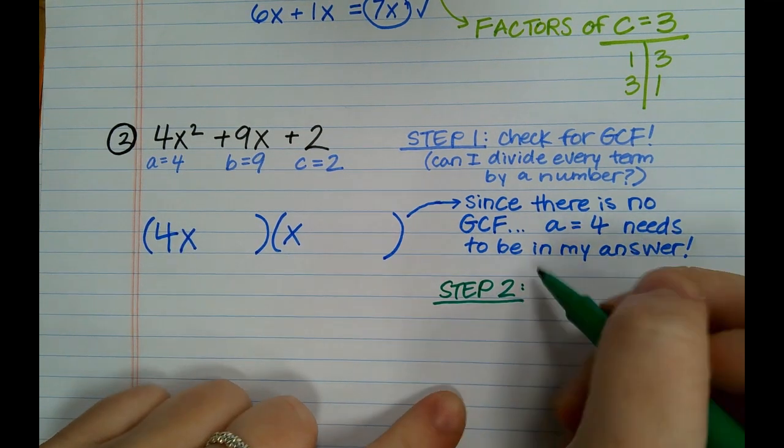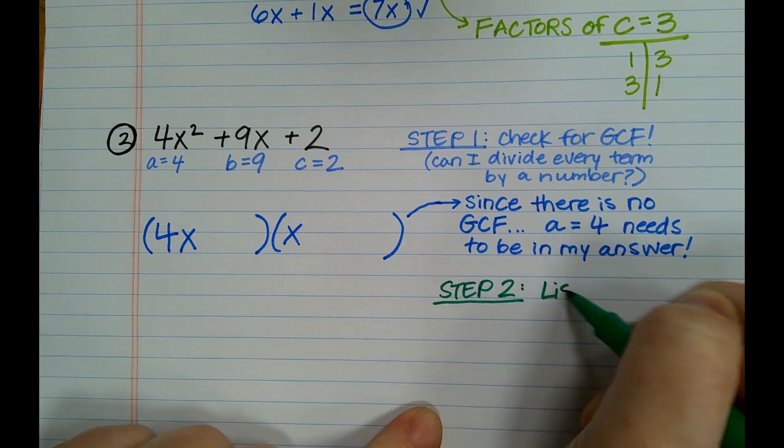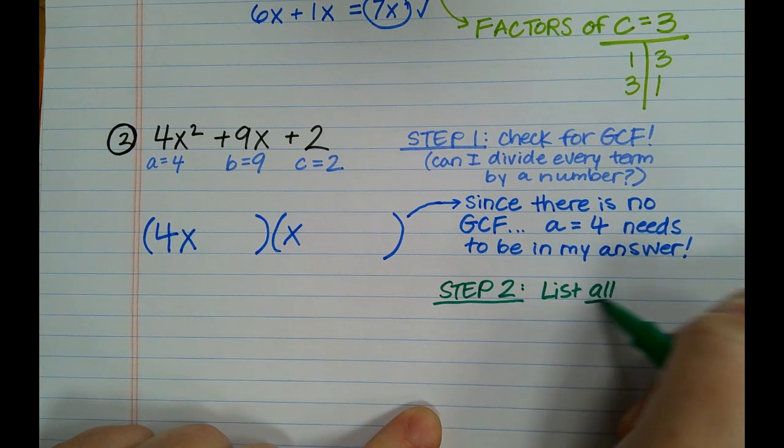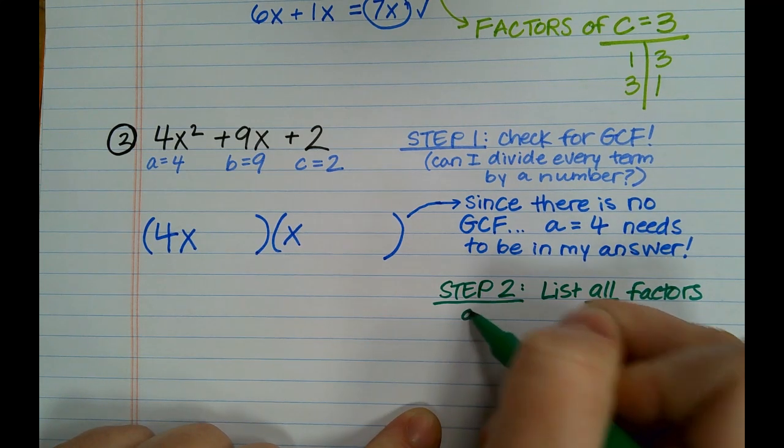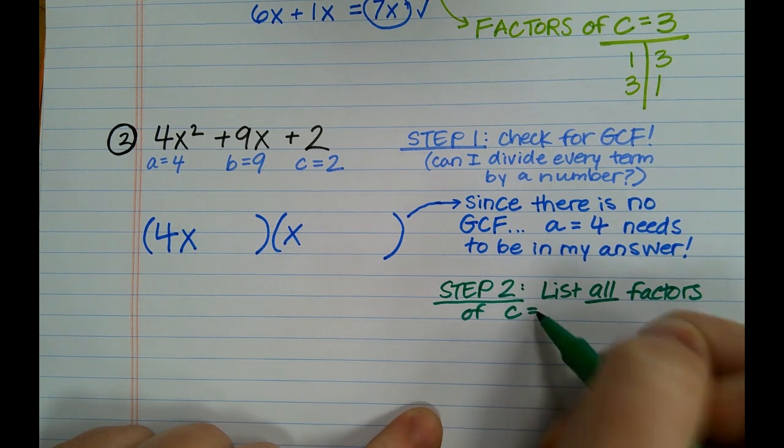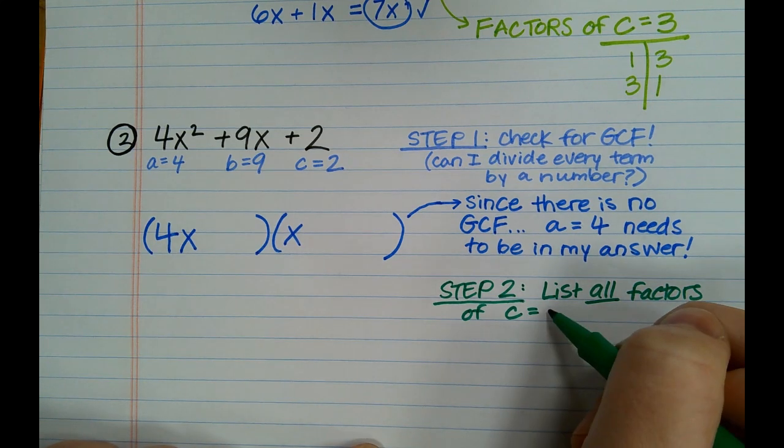Step 2, we want to list all factors of C, which in this case is 2.